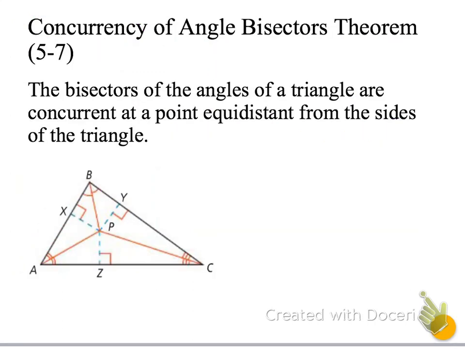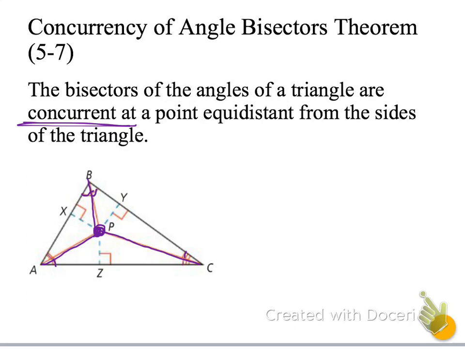Okay, now the concurrency of bisectors. So I need my lines bisecting my angles. We know that they're bisecting the angles because you can see that the angles are congruent here. Okay, and then if they create that, so the bisectors of the angles of a triangle are concurrent, that means they create three lines that all meet at this one point here at a point equidistant from the sides this time.